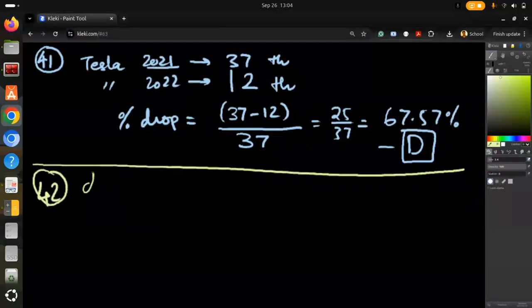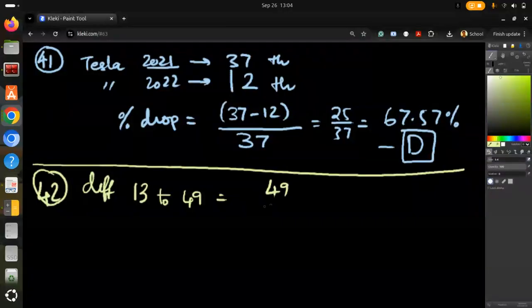So basically the difference is 13 to 49, or 49 minus 13 we can do. So how much will that be? 49 minus 13 is 36. So 36,000 units is the answer.